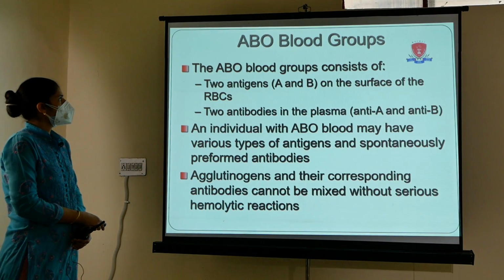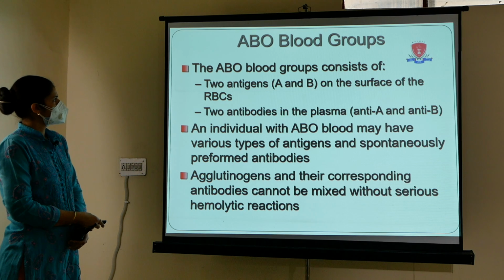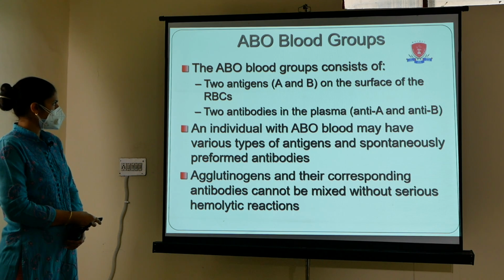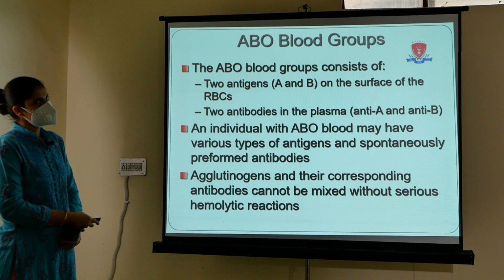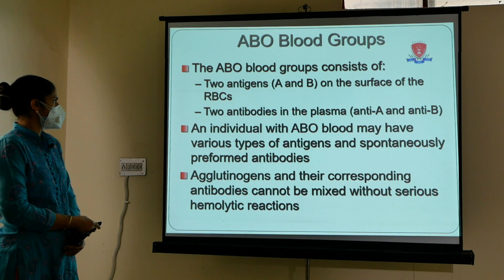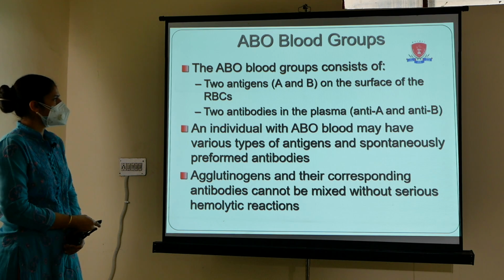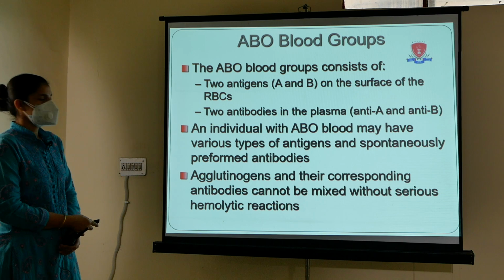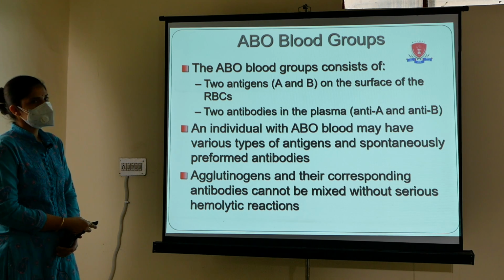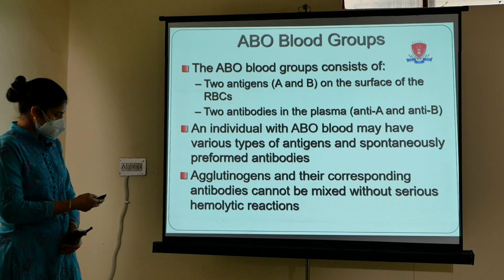ABO blood group. The ABO blood group consists of 2 antigens, A and B, on the surface of the RBC membrane. 2 antibodies are found in the plasma, antibody A and antibody B. An individual with ABO blood may have various types of antigens and spontaneously formed antibodies. Agglutinogens and their corresponding antibodies cannot be mixed without serious hemolytic reactions.